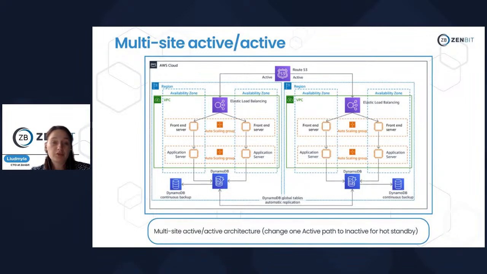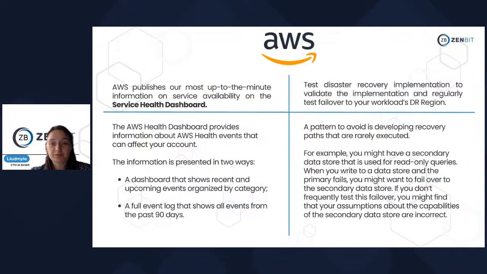With a multi-site active approach, users are able to access your workload in any of the regions in which it's deployed. Actually, that's why it's one of the most expensive solutions.